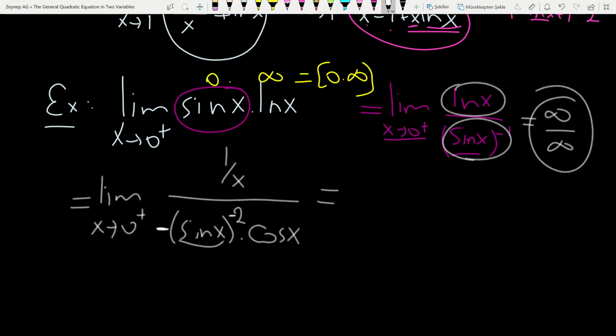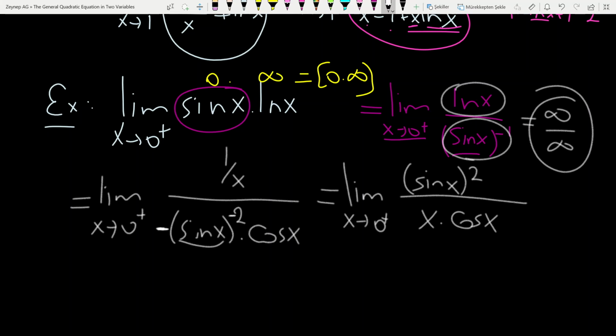Let's first substitute this complicated limit expression. If you substitute, I take sine x to the power to the numerator, sine squared x, and you have x here. Of course, you also have cosine x here.